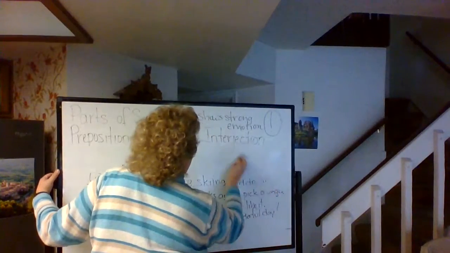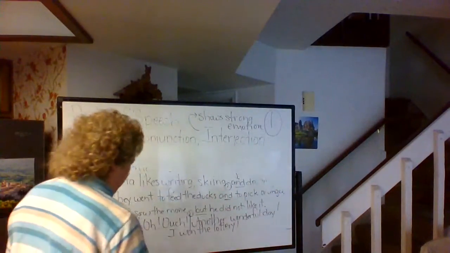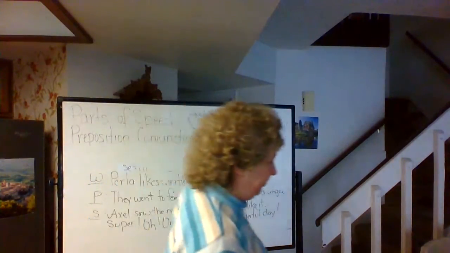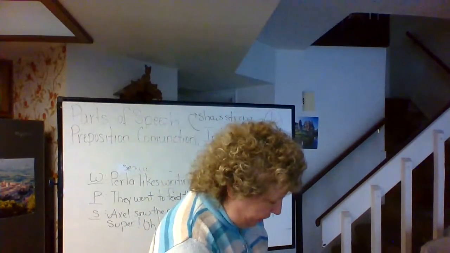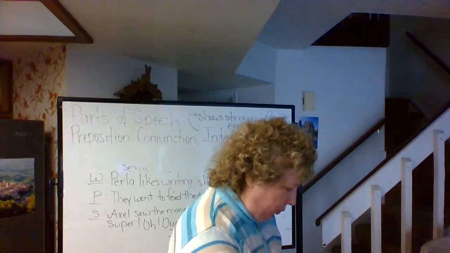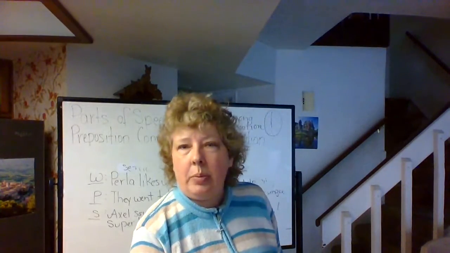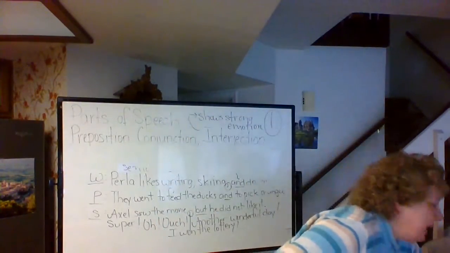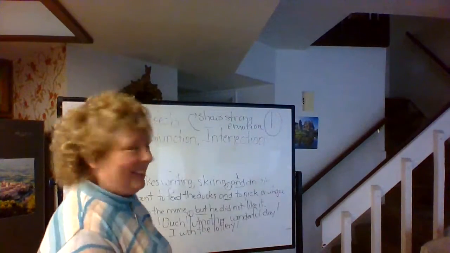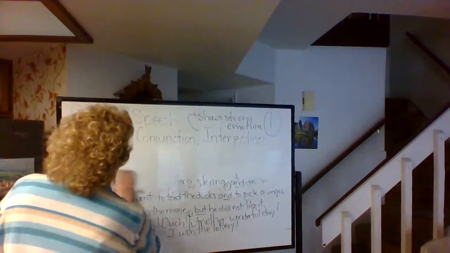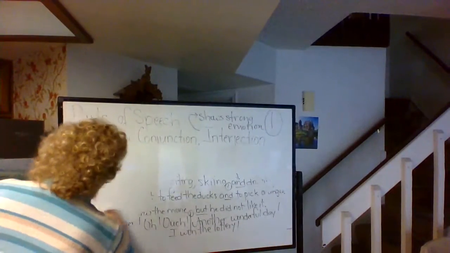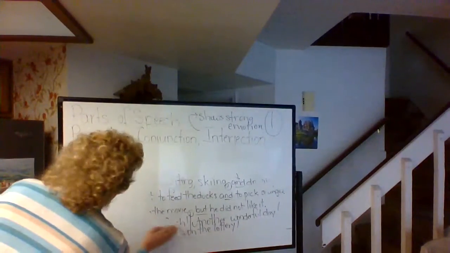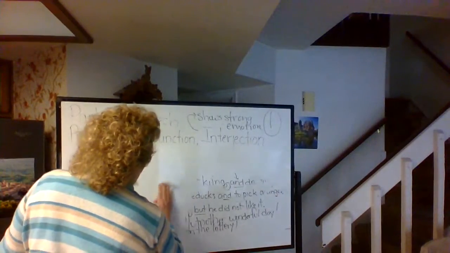Okay, so let's go back to a review. Time for another wipe. Our review. Again, we know that the adjective is a descriptor. What exactly does it describe? Any thoughts about that? No? Yes? It describes, yes. Your adjective describes the noun, or it can even describe the pronoun. Very good.